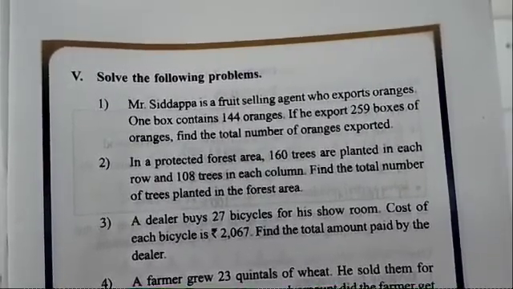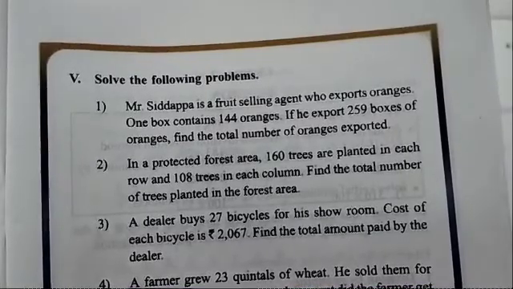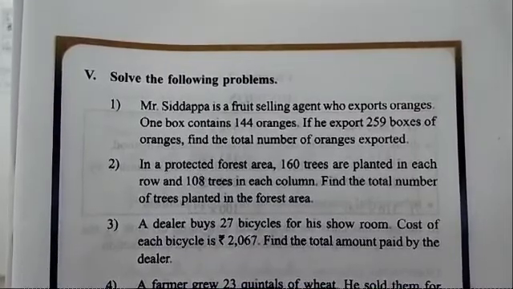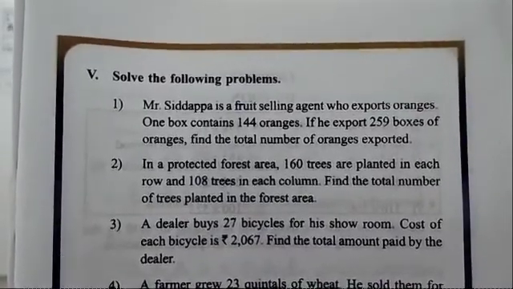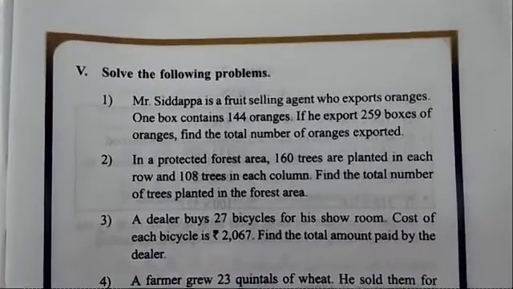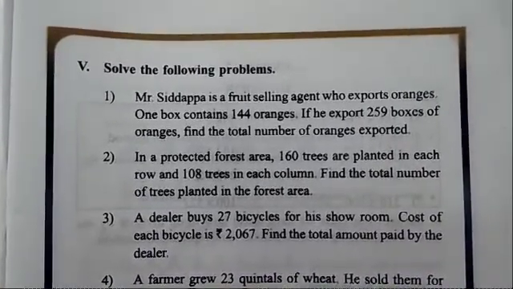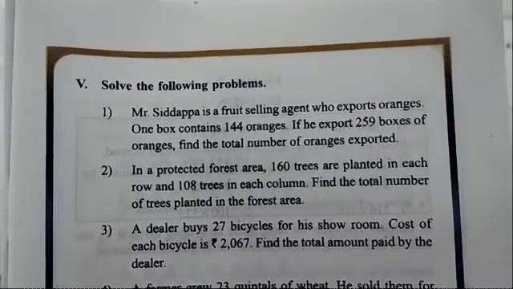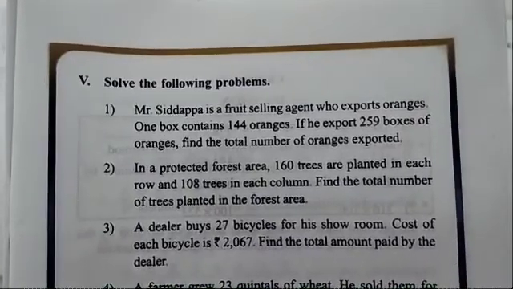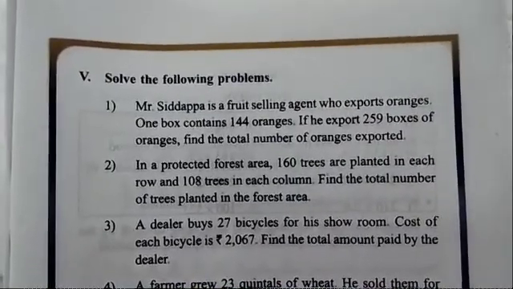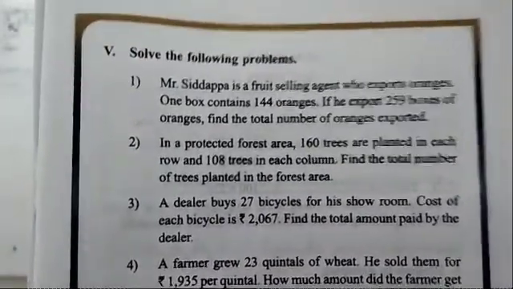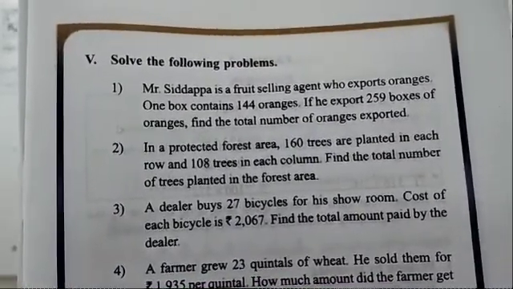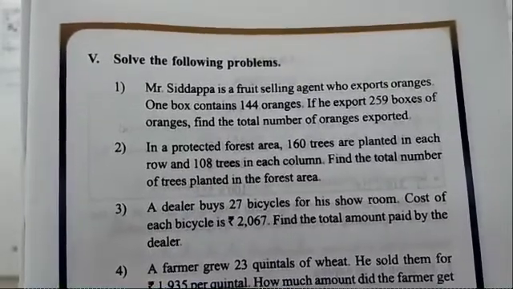If he exports 259 boxes of oranges, find the total number of oranges exported. One box has 144 oranges, and the total number of boxes is 259. You have to do it. Do the multiplication and you will get it.